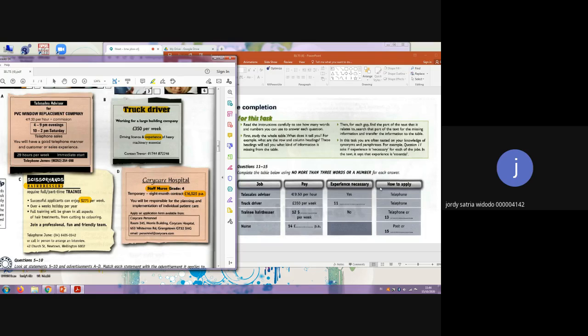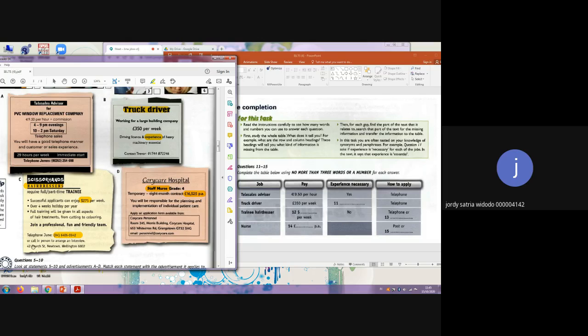Great. And then how to apply? The blanks are for trainee hairdressers and also the nurse. Let's go to the trainee hairdressers. How to apply? Now you can use the telephone, or you can telephone June, this one, or call in person to arrange an interview.